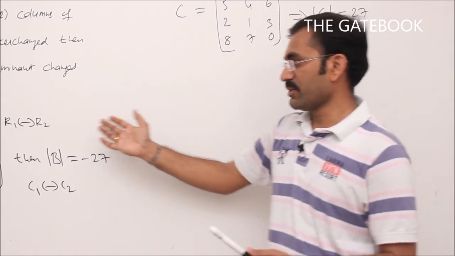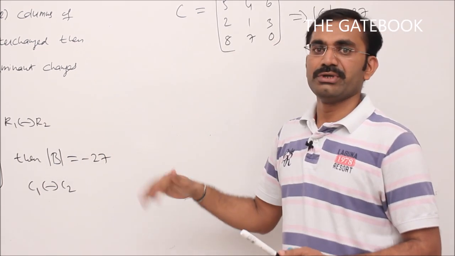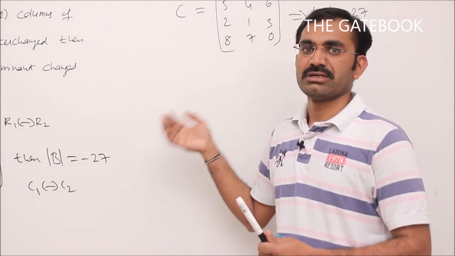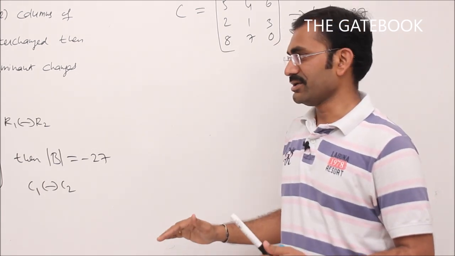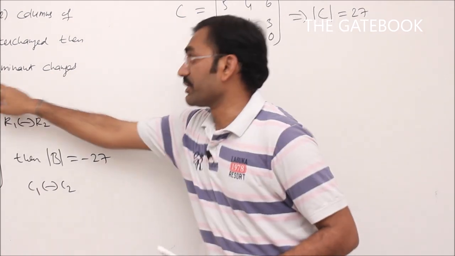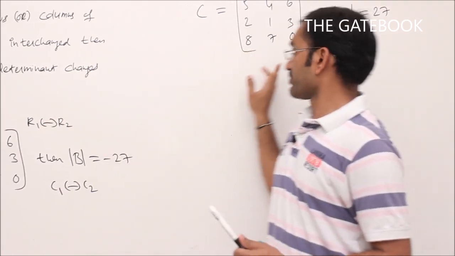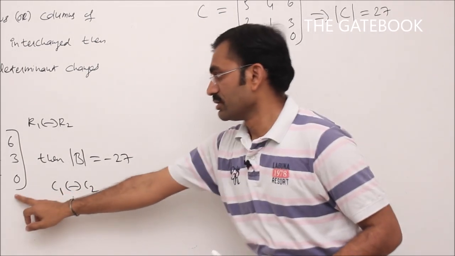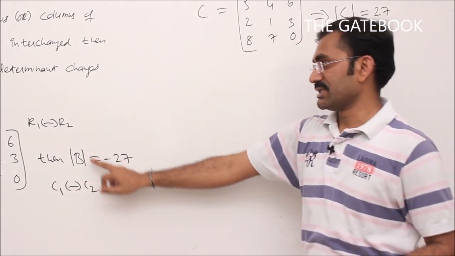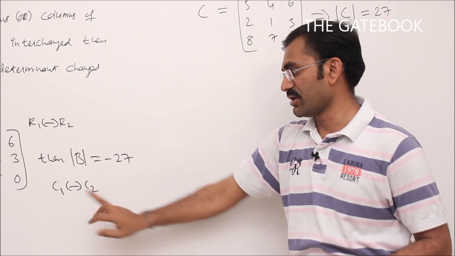Suppose if you go for even number of interchanges, 2 interchanges, 4 interchanges, 6 interchanges and so on, then the sign of the value of determinant remains same. So here are two interchanges, first row interchange, next column interchange.